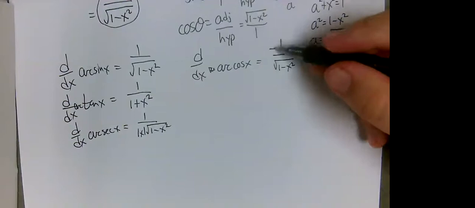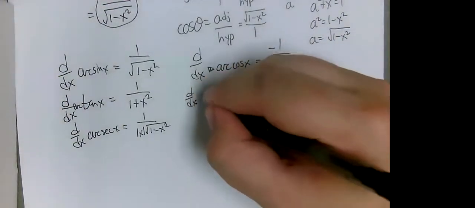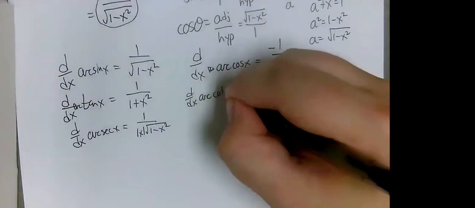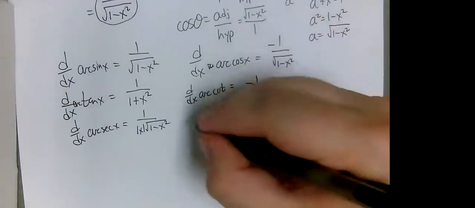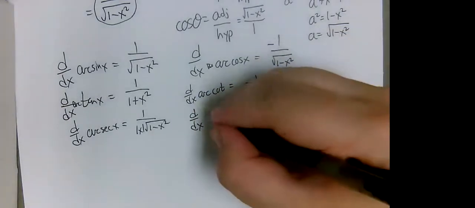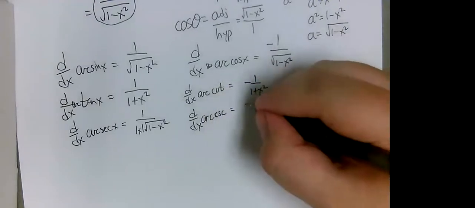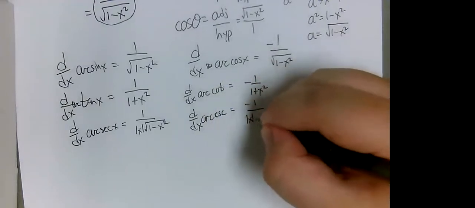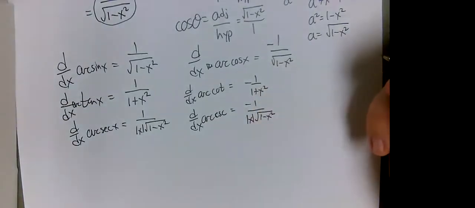So arc cosine, we have negative 1 over root 1 minus x squared. For arc cotangent, we have negative 1 over 1 plus x squared. And then for arc cosecant, we end up having negative 1 over absolute value of x root 1 minus x squared right here.